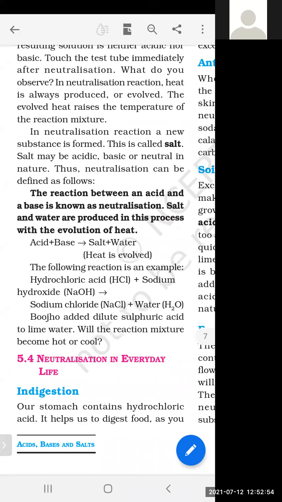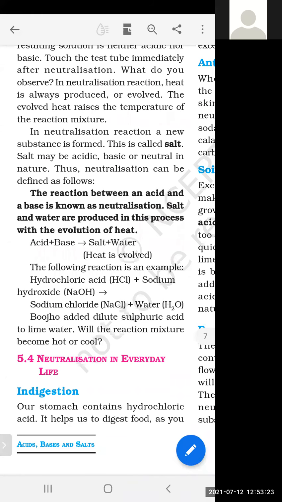The formula for water is H2O. So remember this equation: HCl plus NaOH gives NaCl plus H2O. You can also write in word form: hydrochloric acid plus sodium hydroxide gives sodium chloride plus water. So write both the word equation and the equation in the form of formulas.